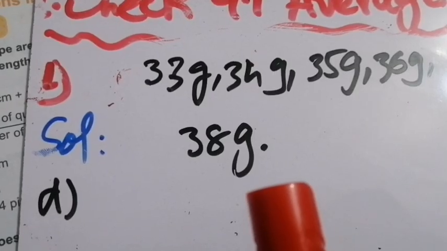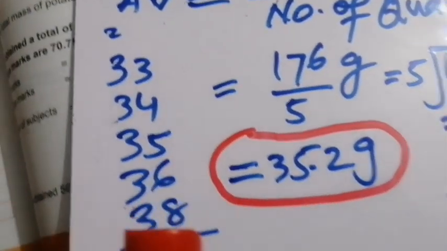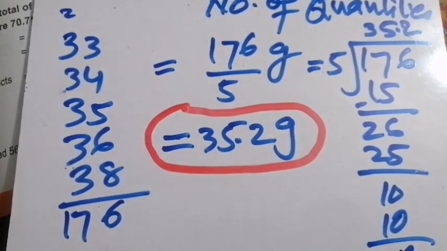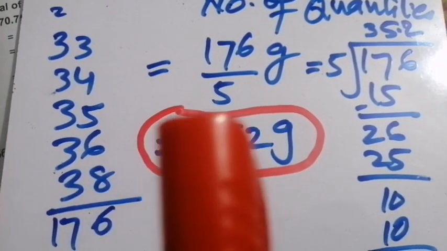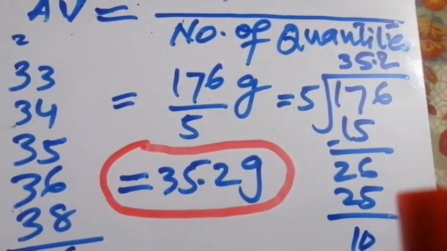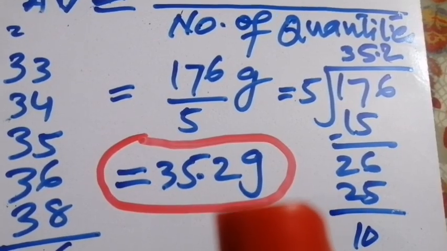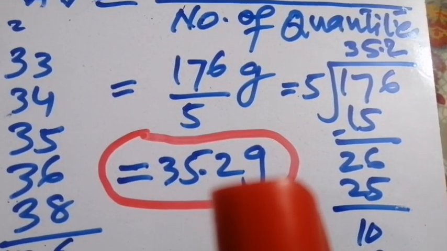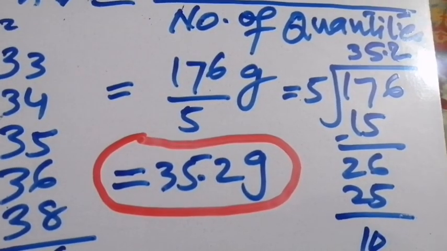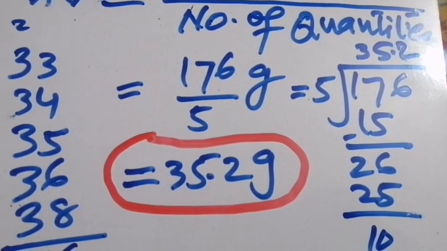The number of quantities is 5, and when we add up all these quantities, the sum becomes 176. So 176 divided by 5, and we divided it over here, and we find its answer is 35.2 grams. So that is the answer of question number 1, part D.